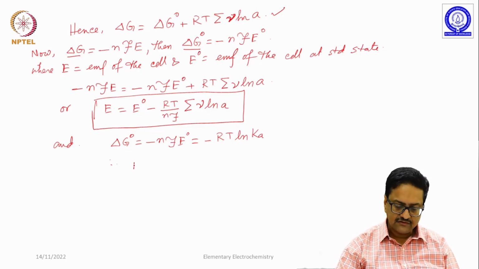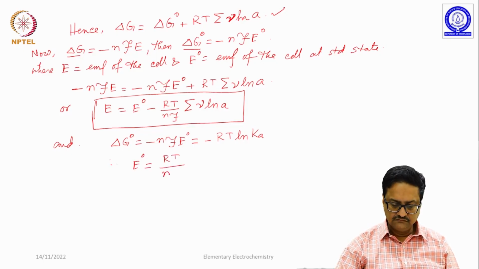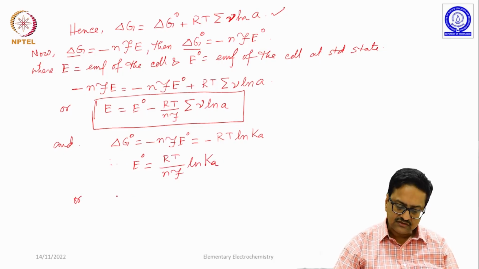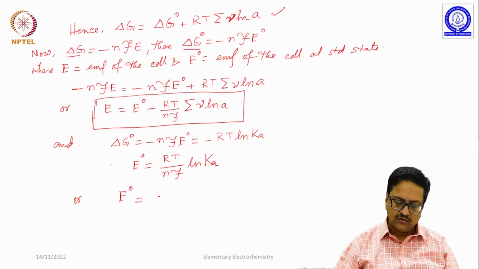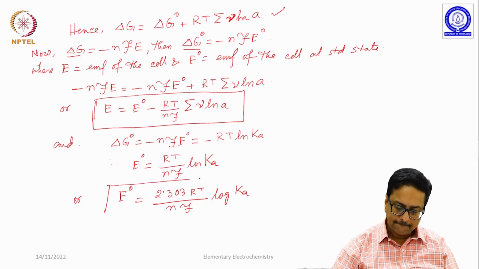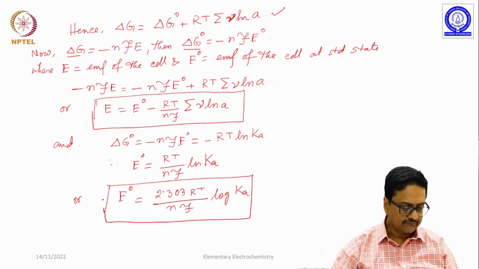Therefore, one can write E0 equal to RT by nF ln Ka, or converting ln to log, 2.303 RT by nF log Ka, right?